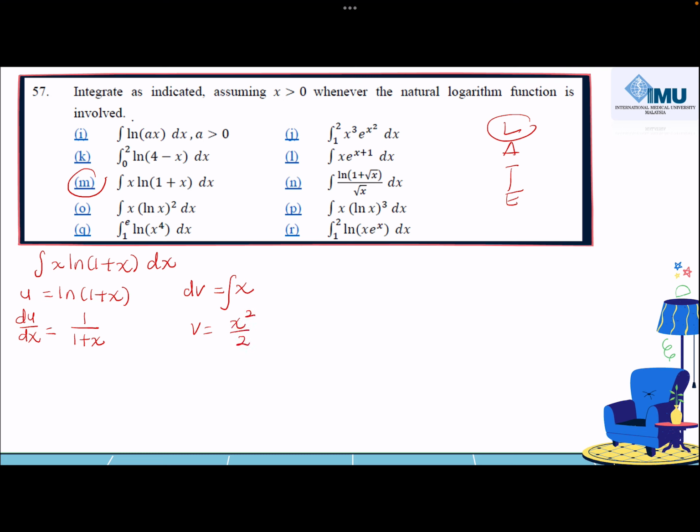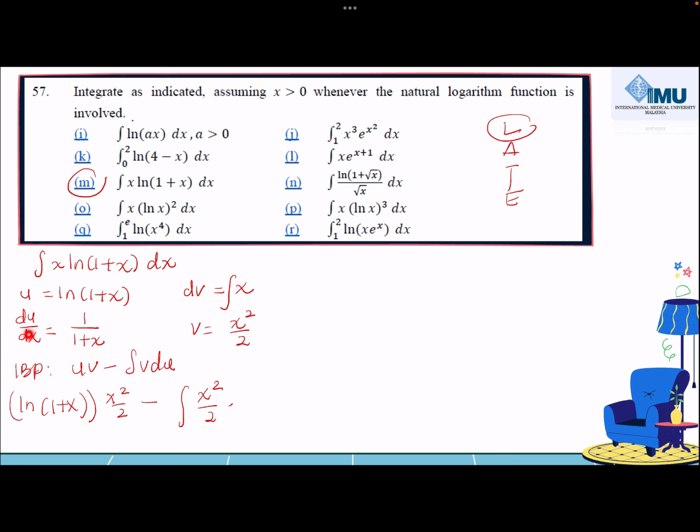Now I have this information. I will substitute into my IBP formula: uv minus the integration of v du. Let's start with the first term. ln(1 + x) multiplied by your v, x squared over 2, minus again your v, x squared over 2, times your du.